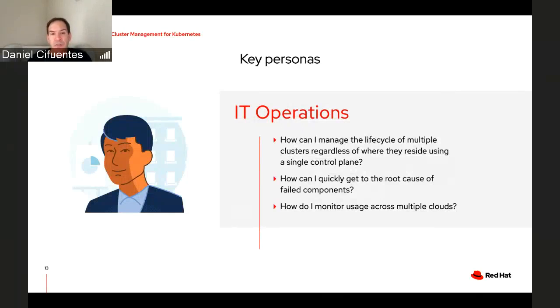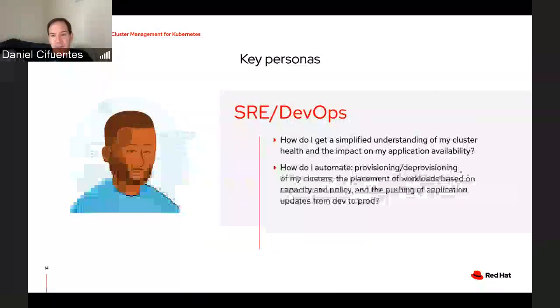So then moving on to the dream side of the equation, which is the people that care about the applications, typically your site reliability engineers and your DevOps personnel. And they're looking at essentially what is my application up to, and what happens if, for example, there is an issue with cluster health that compromises my application availability.